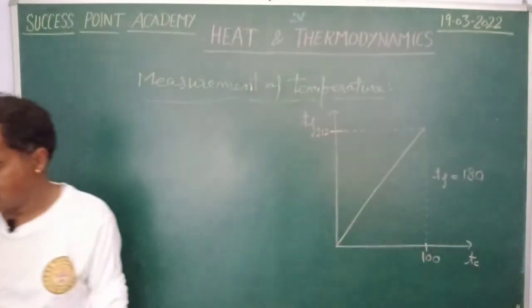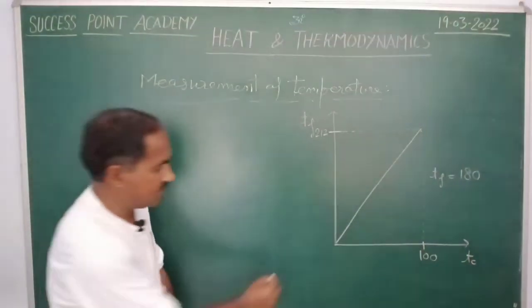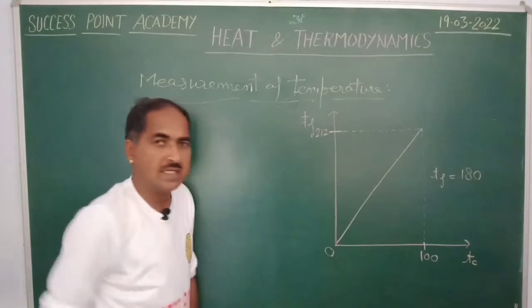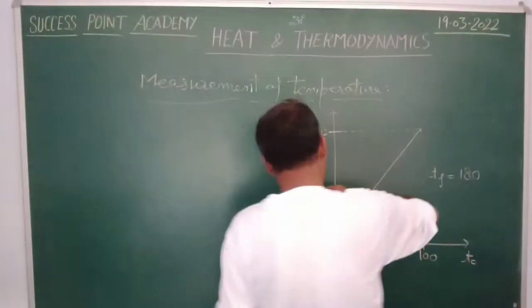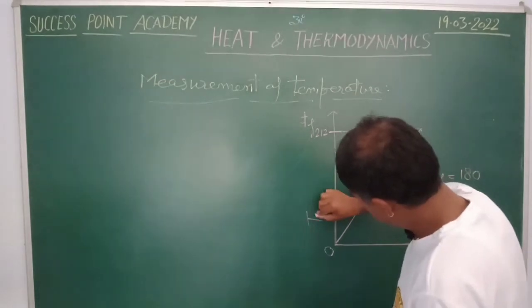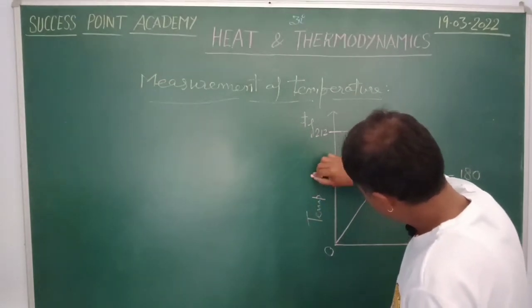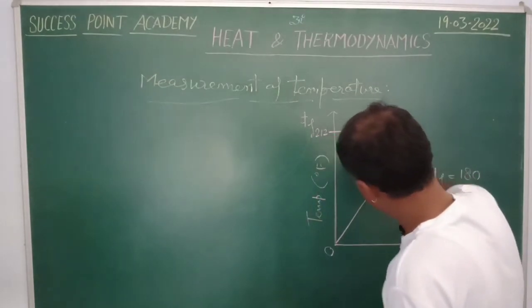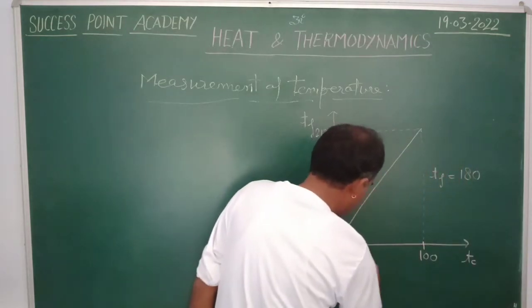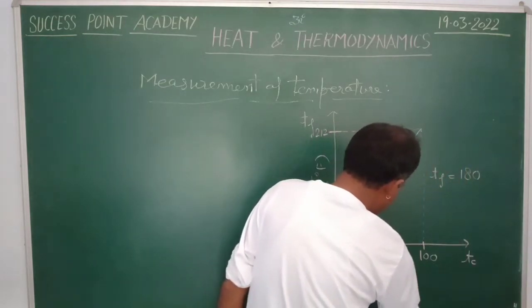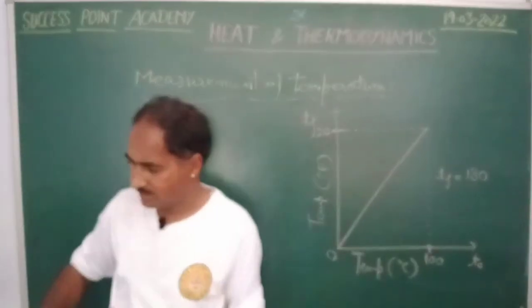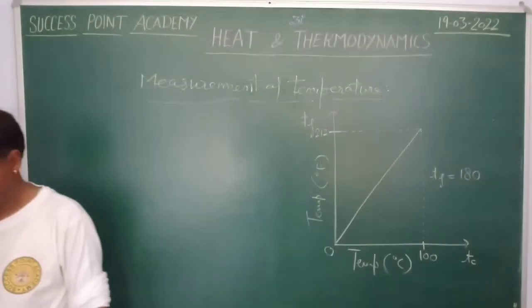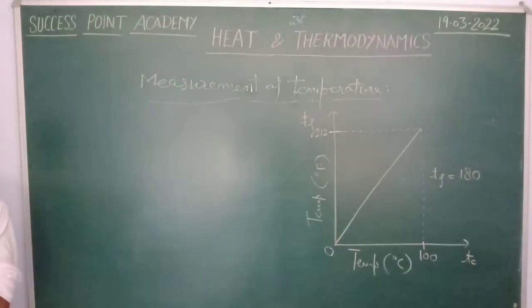You can write it here: temperature in degree Fahrenheit and here temperature in degree Celsius. So the graphical representation will be like this. So you can do it easily now.